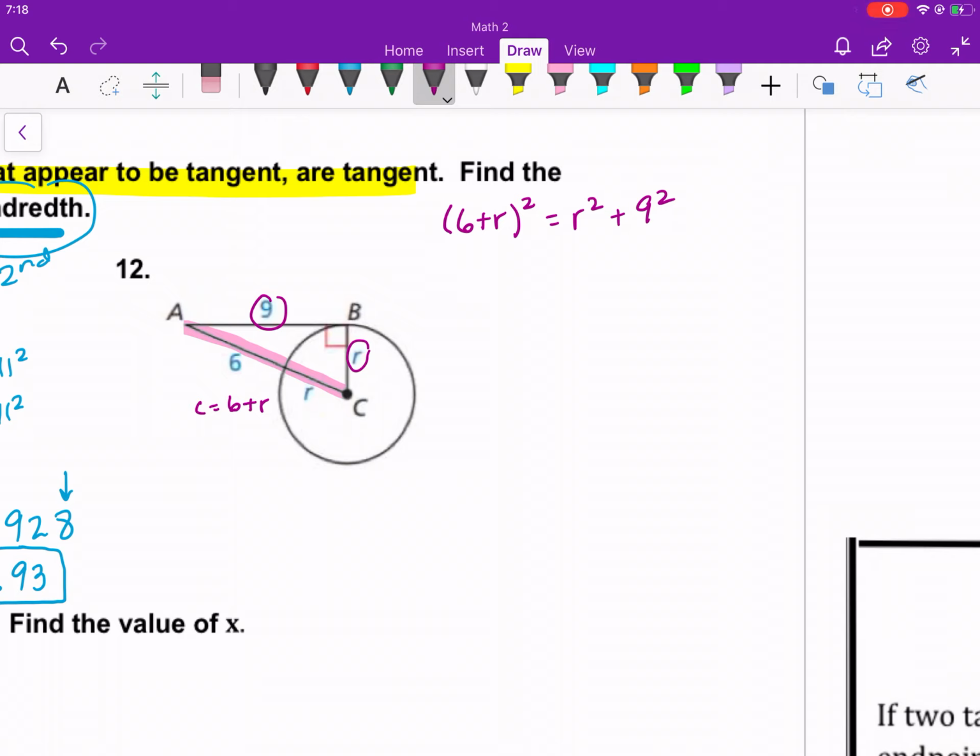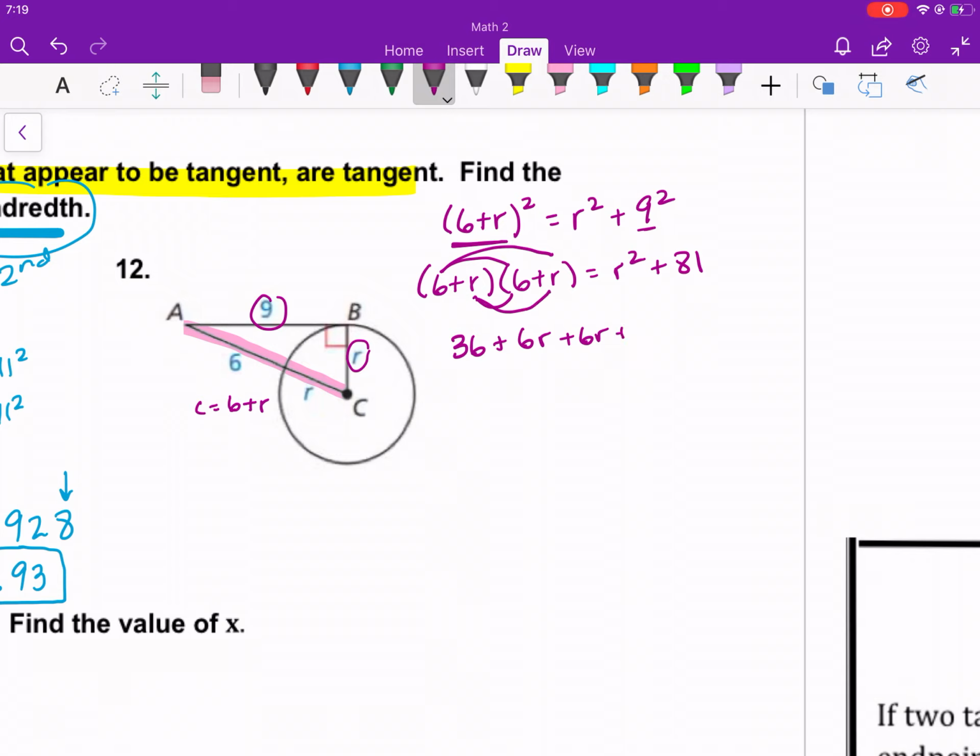Let's start cleaning things up a bit. If you have a binomial that's squared, we do need to split it up into two binomials, and then we have to distribute or FOIL. We've got r squared. 9 squared is the same thing as 81. So now I'm going to go ahead and FOIL. So 6 times 6 is 36. 6 times r is 6r. r times 6 is 6r.